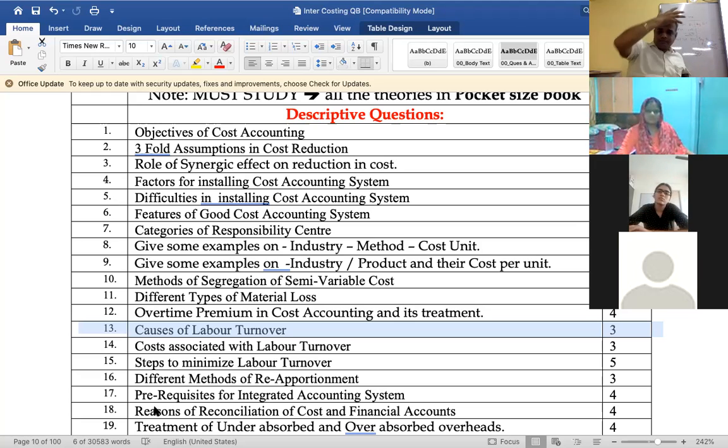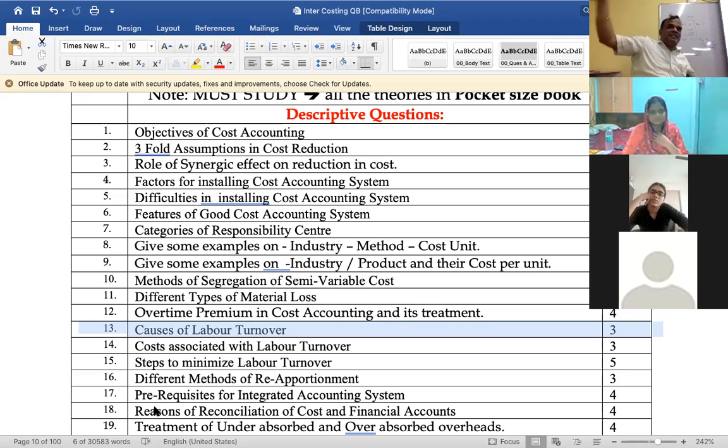Leave is minimal. Okay, therefore you are leaving. Am I right? What else? Inefficiency of the worker. Next, better offer. Am I right?